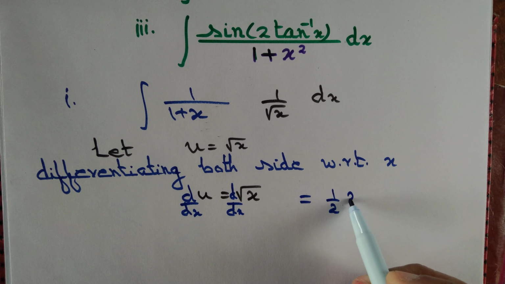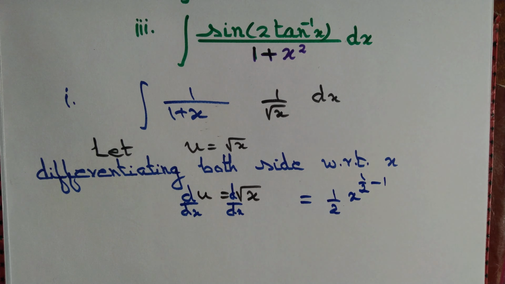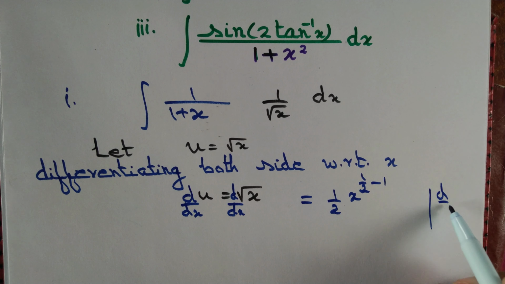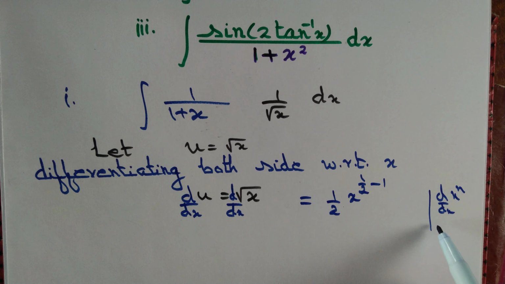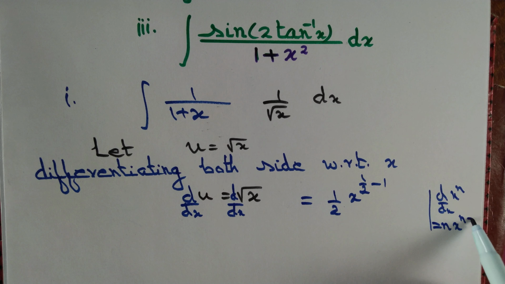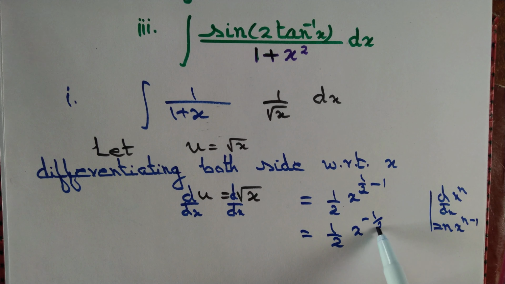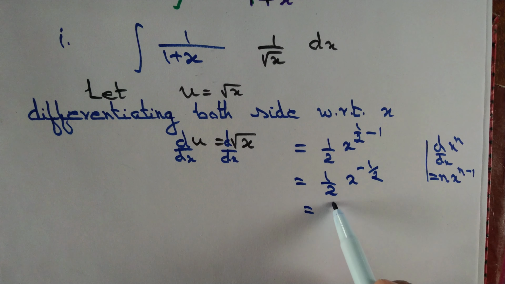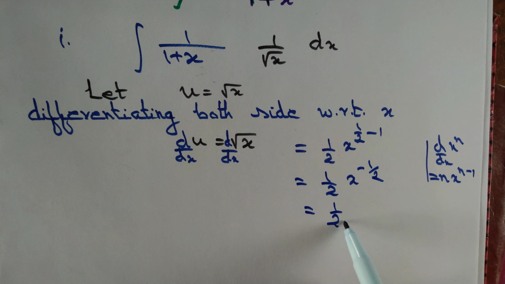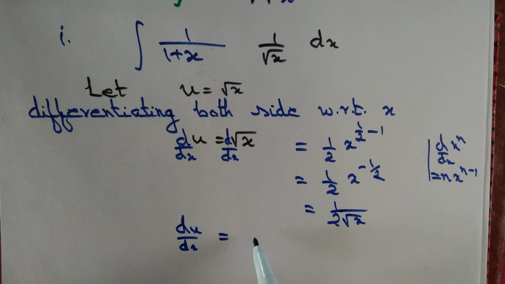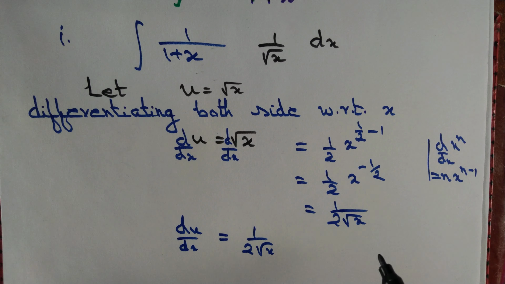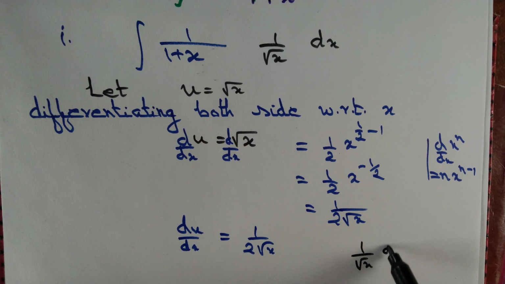That's equal to half times x to the power half minus 1. We simply use the formula d dx of x to the power n equal to n times x to the power n minus 1. So that's equal to half times x to the power minus half, or 1 by 2 root x. So du dx equal to 1 by 2 root x. This can be written as 1 by root x dx is exactly equal to 2 du.